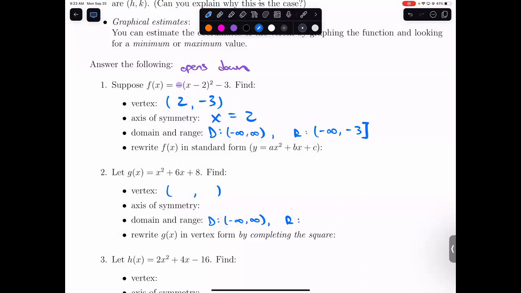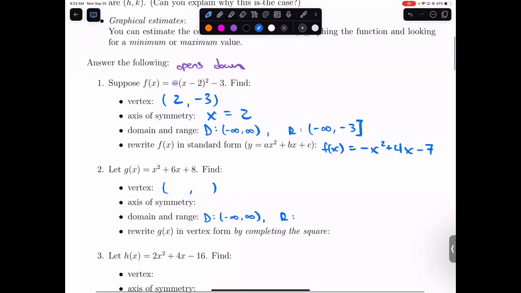Rewriting in standard form: expand everything, carry the negative, distribute, combine like terms. What do you get? Good.